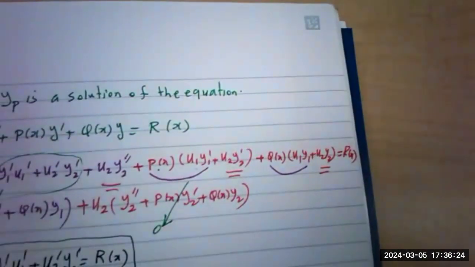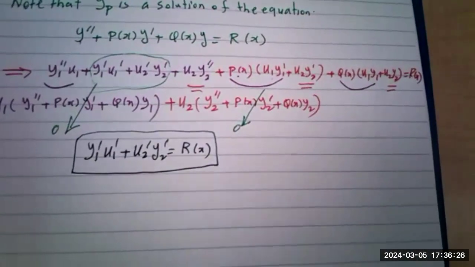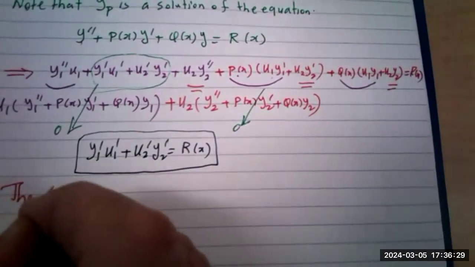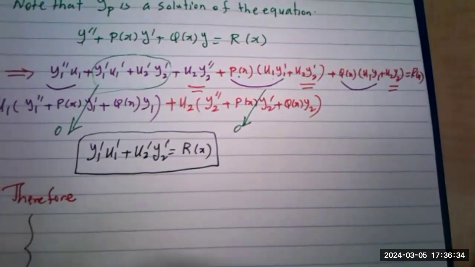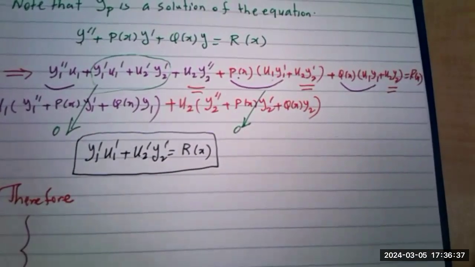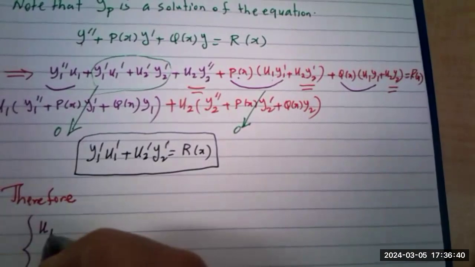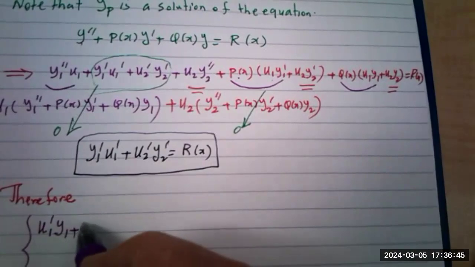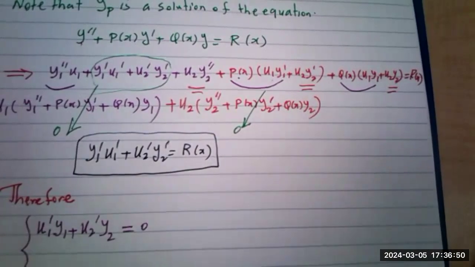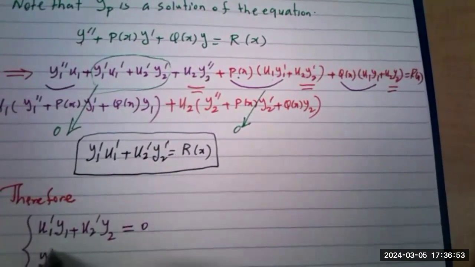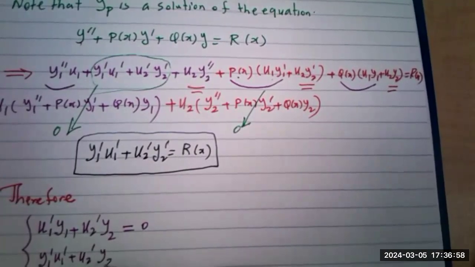So the conclusion so far is, in order to have the solution, put those two together. The one that we let equal 0, which we did previously: u1 prime y1 plus u2 prime y2 equals 0. And this is the second one: y1 prime u1 prime plus y2 prime u2 prime equals r(x).